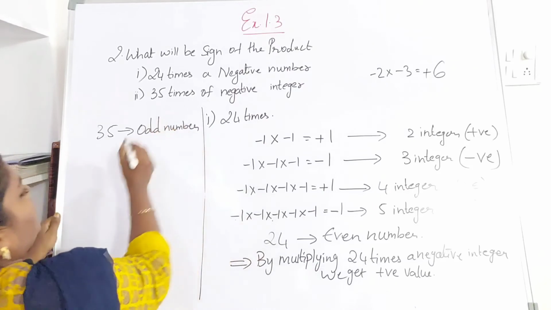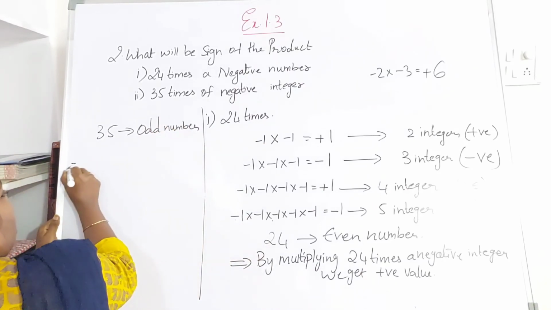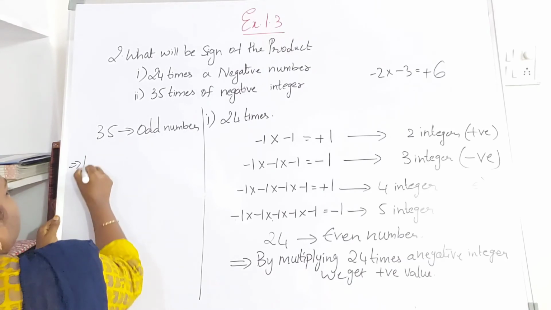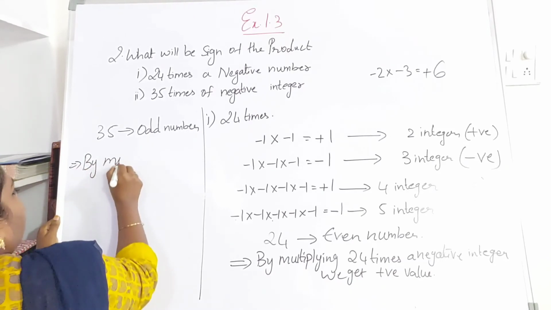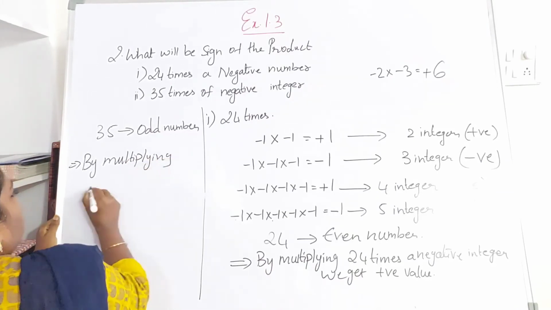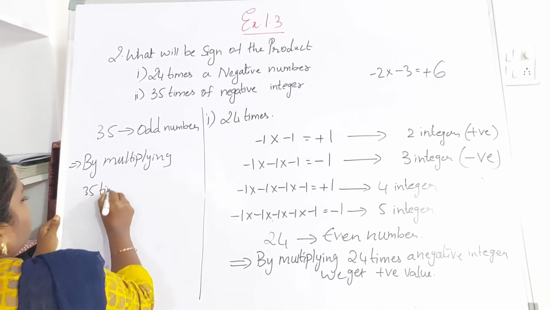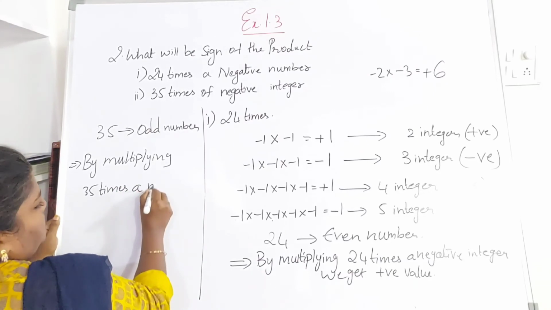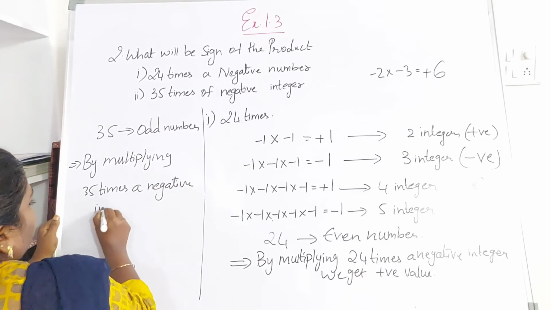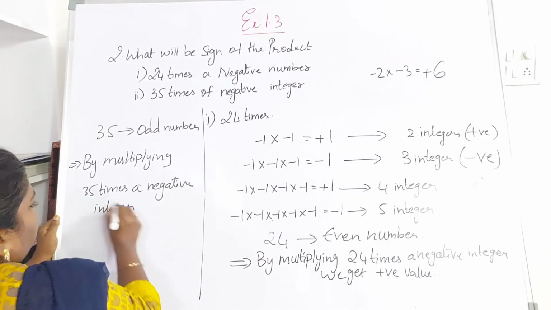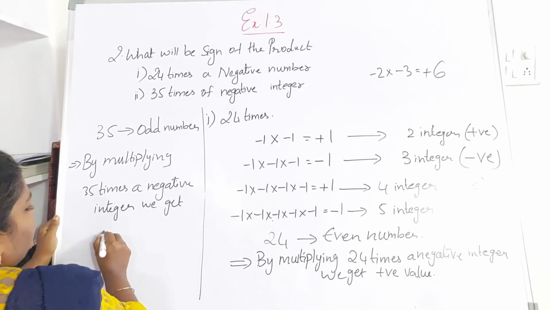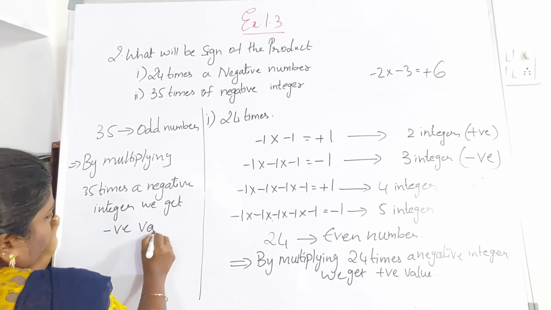So by multiplying 35 times a negative integer, we get a negative value.